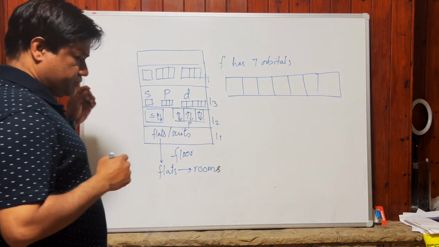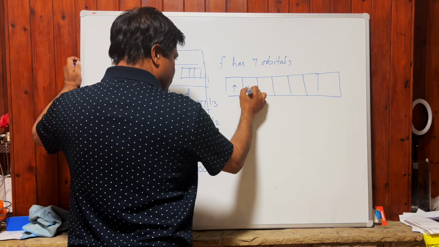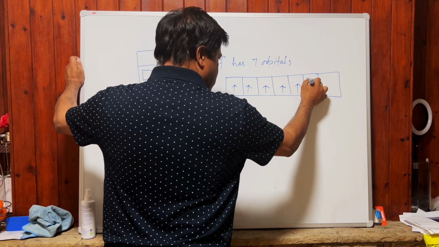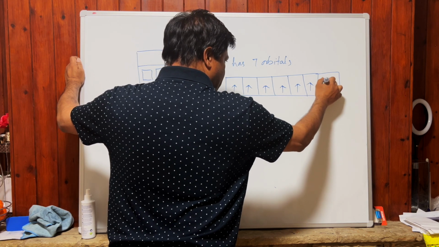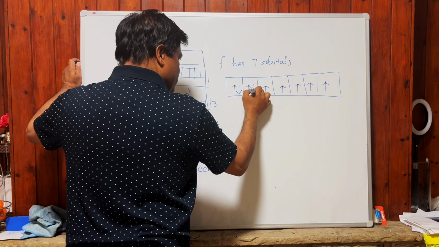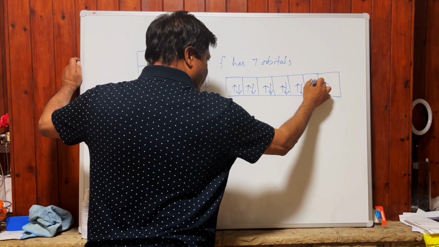We fill one electron in each first, then the pairing starts. Each orbital has a maximum of 2 electrons with pairing, so we can fill 14 electrons in the f orbitals.